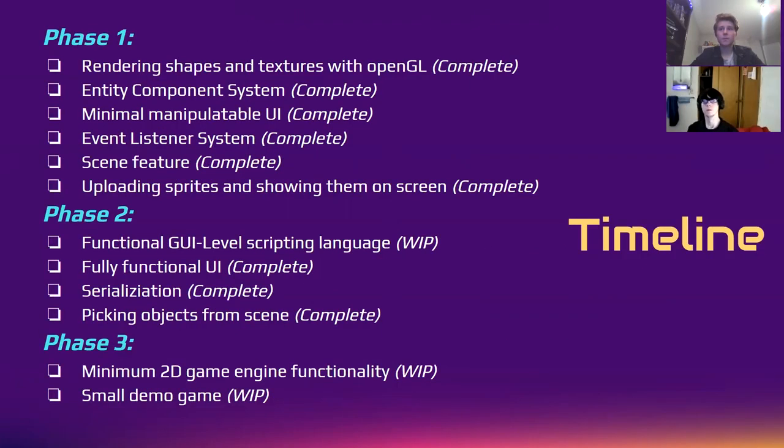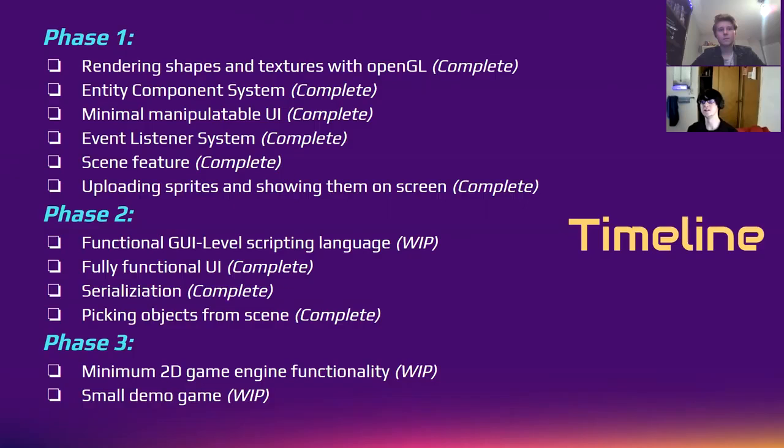We broke the project up into three phases, phase 1, phase 2, and phase 3, but we pushed the most important things for a game engine, which also happen to be some of the most difficult things for a game engine, into phase 1. Rendering shapes and textures with OpenGL is a given for a game engine.